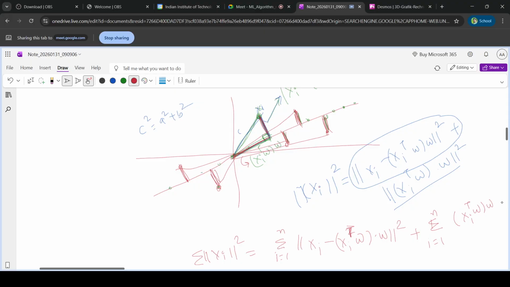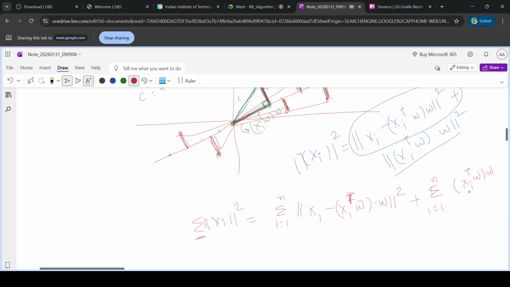This is what we are doing, the summation. Then simply take the average, 1 by n on each side.